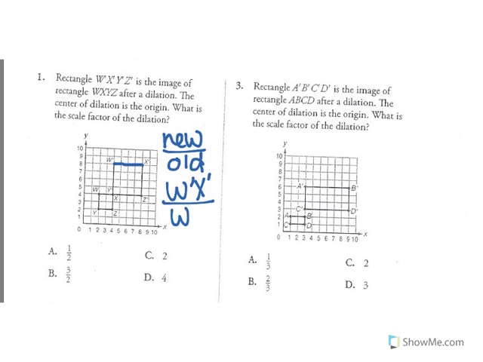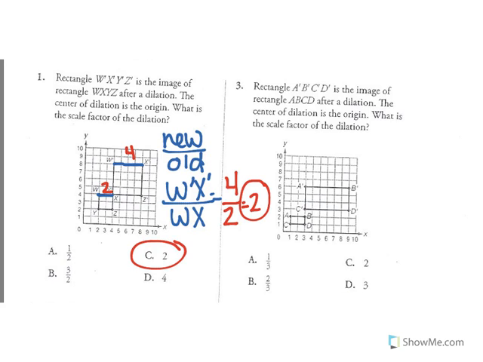The old length would be WX. If you look at the length of each on the coordinate plane by counting, you have 1, 2, 4, and this side length is 2. So you have 4 over 2, and so you divide, so the scale factor would be C, which is 2.